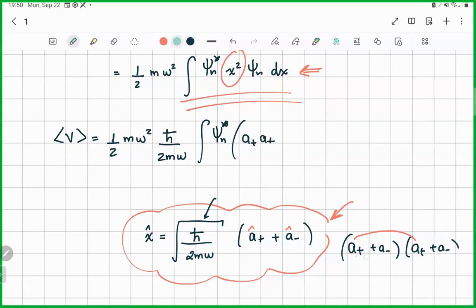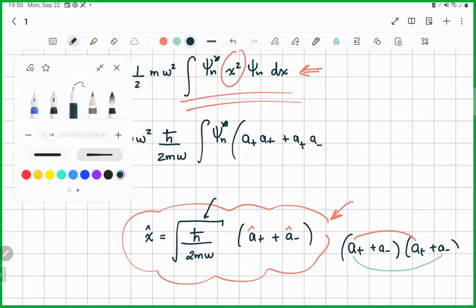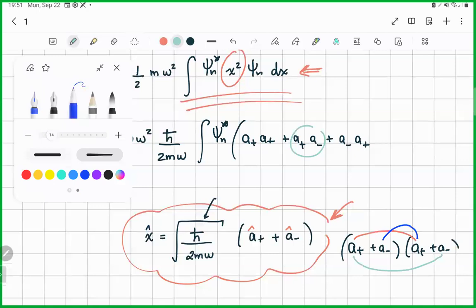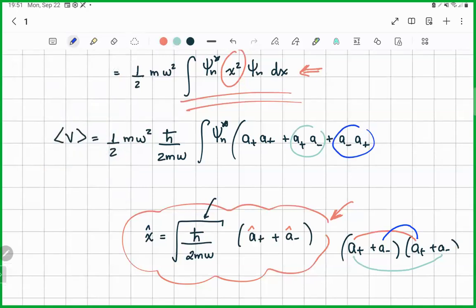Okay, the other one, this term becomes A plus A minus. Now let's pick another term. This one becomes A minus A plus. So you see, I'm being very careful here. This term is not the same as this term because the order is not the same. So you have to be very careful here when you're doing these multiplications of operators. And then finally, the last one, A minus A minus.